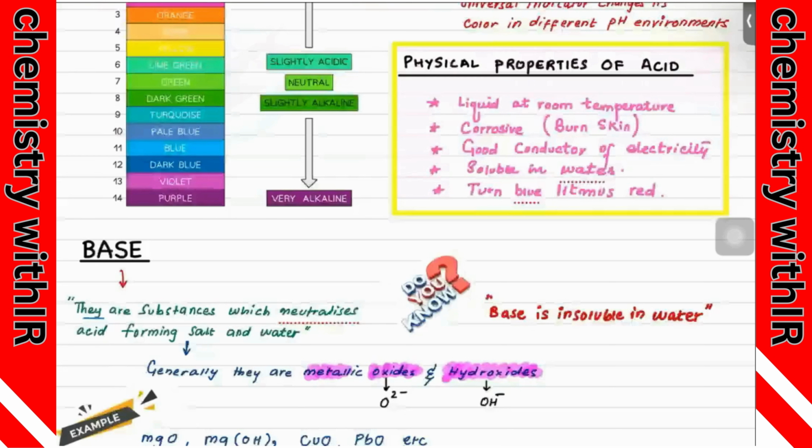Are you going to identify strong or weak acid, or only the presence of acid, whether you have acid or not? If you are going to identify the strength of acid or strength of base, you can find the pH and you can use the universal indicator.